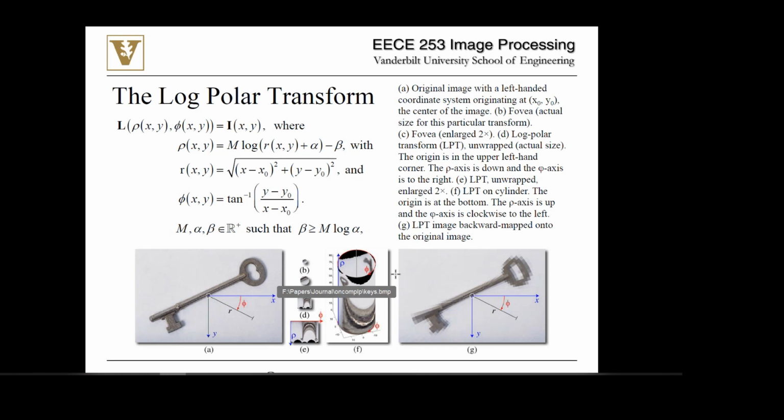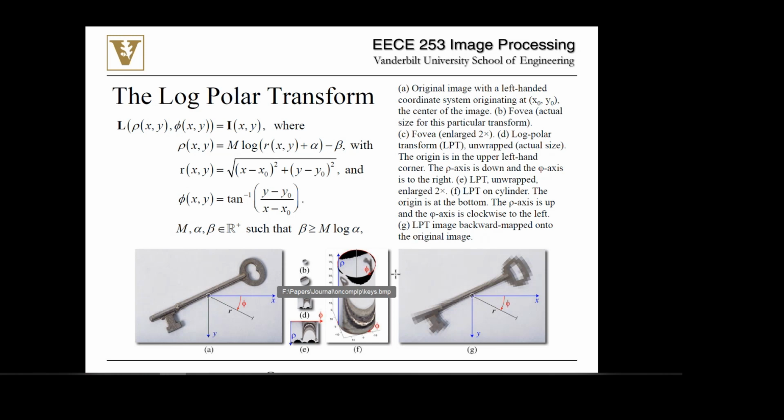So you start with this point. I want to look at this point, rho phi. At this rho phi, I have to translate rho and phi into x and y. Instead of going from x and y to rho, we will go the other direction.